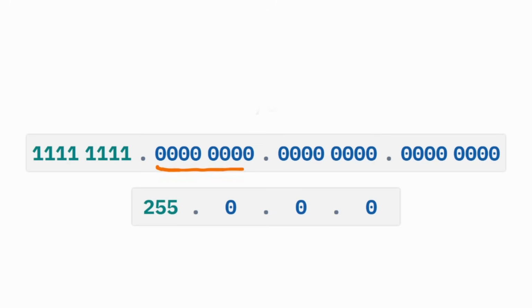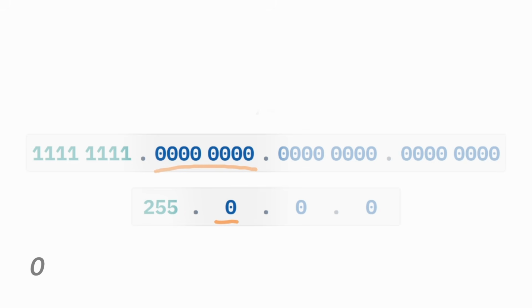Every octet can only ever have 9 possible values, and that again has to do with the rule of subnet masks, that they are a string of ones followed by a string of zeros. Let's focus on this second octet for a moment. Let's see if we can identify the 9 values that you will see in a decimal subnet mask. We'll start with what we see here, which is all zeros, which translates to 0 in decimal.